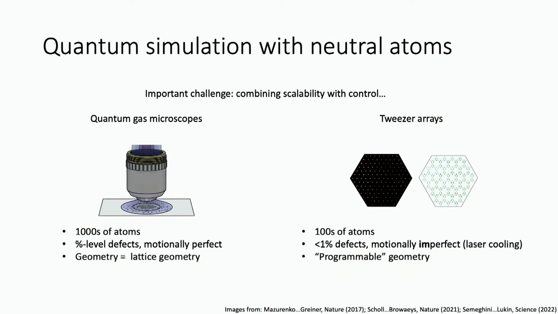The geometry in a microscope is typically set by the lattice potential in which you work, whereas in a tweezer array, you can program the geometry either shot-to-shot or even in real time. And finally, in the microscopes, one might have 10 to tens of seconds cycle time, although we'll hear from Marcus on Friday about even faster experiments. And in tweezer arrays, typically you have less than or much less than a second cycle time.